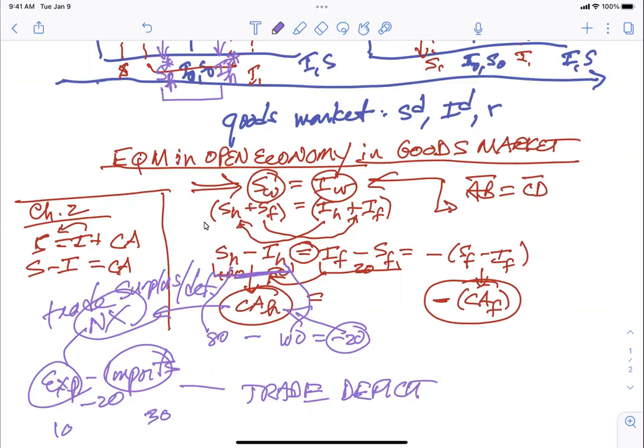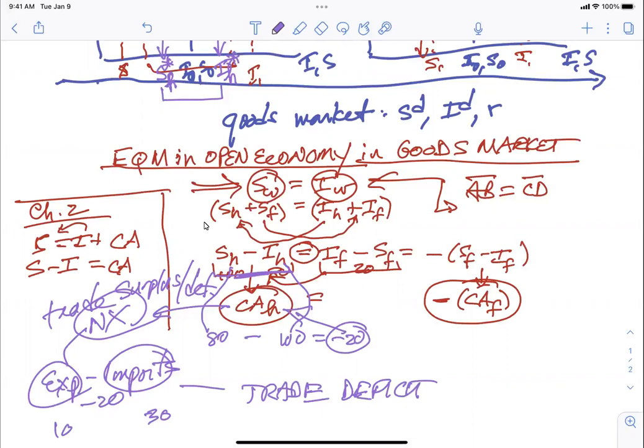The financial account measures flows of dollars for purchases of financial, not services, financial securities, right? Stocks, bonds, real estate. So assets. It's the purchase and sale of assets, right?